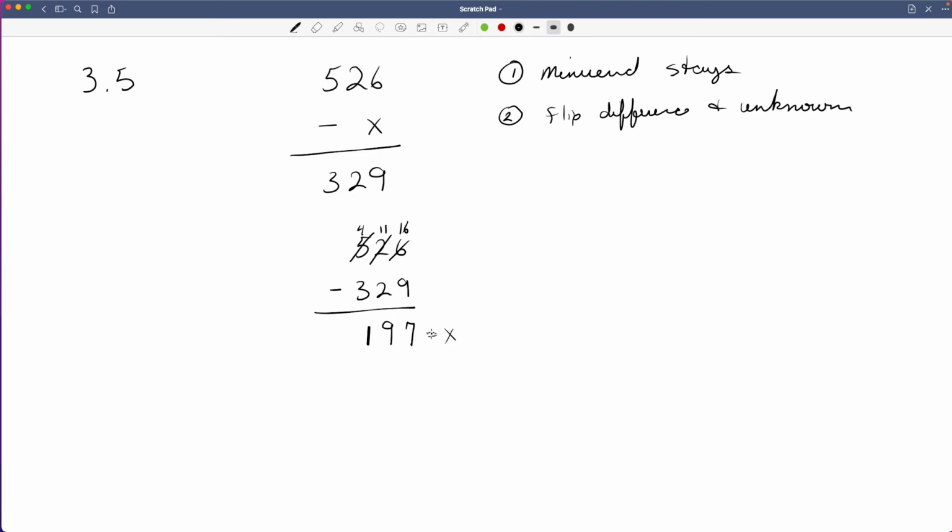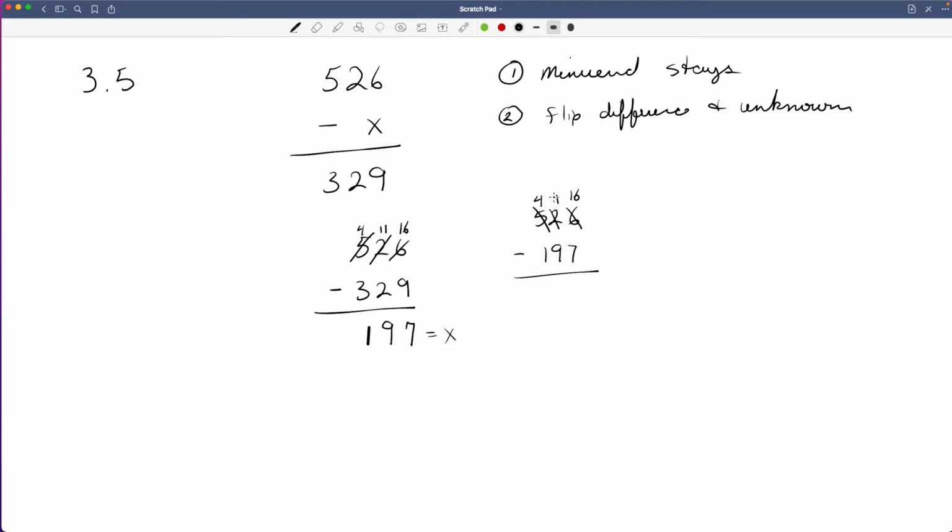That was our difference. And we can check our answer by doing a little bit of subtraction and saying 526 minus, we'll put our x in, 197, and we'll see if we get 329. So we have to turn this into 16 by borrowing 1 from here. And then we have to borrow another one because we can't take 9 from 1.